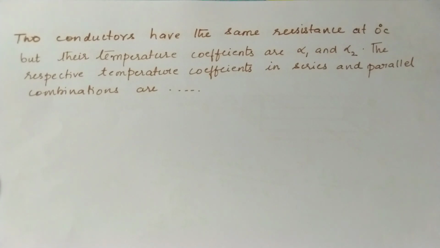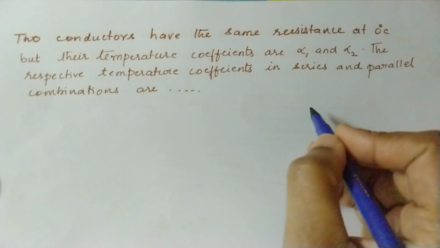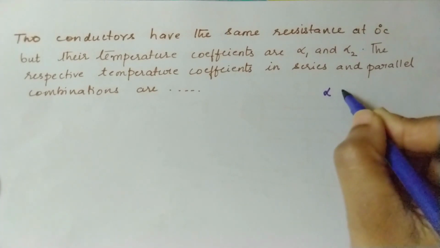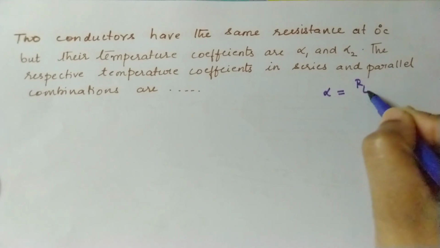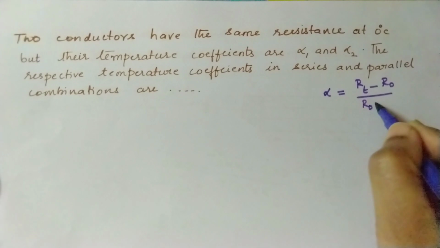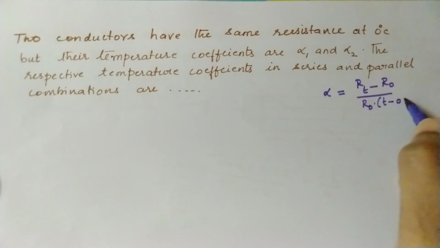Then the respective temperature coefficients in series and parallel combination. That means when these two conductors are in series, what will be the equivalent temperature coefficient? Before we start, let's look into what is temperature coefficient of resistivity. If you remember, alpha is equal to (RT minus R naught) by R naught into (T minus 0), where T minus 0 is the temperature difference.